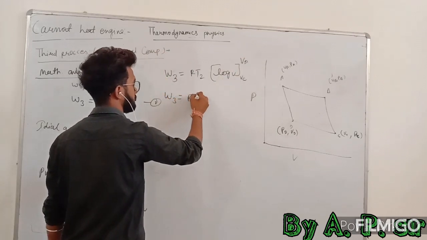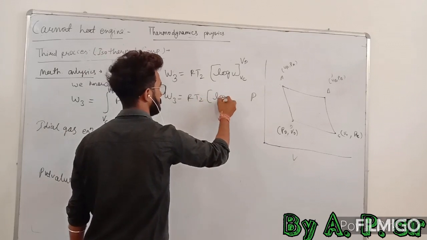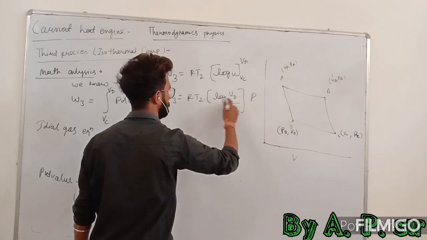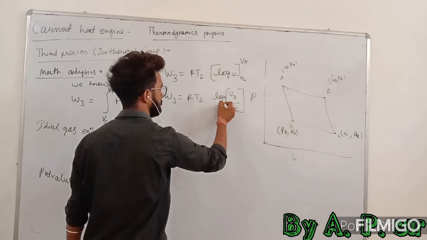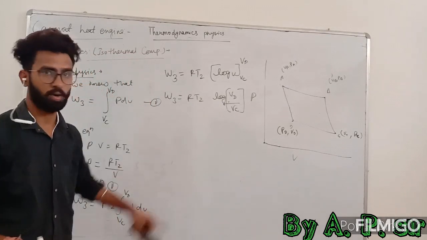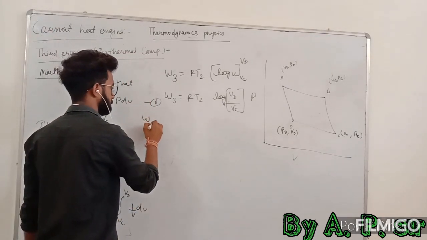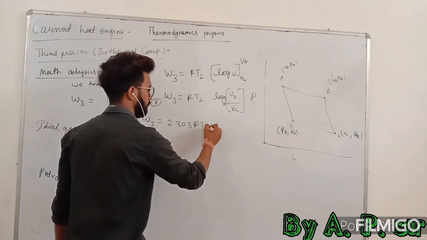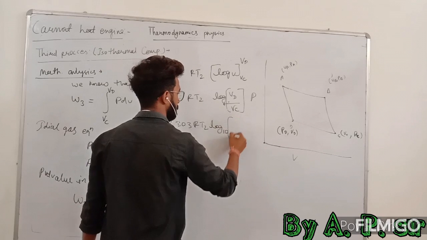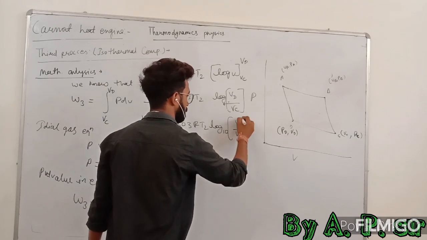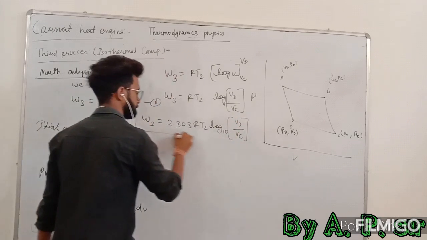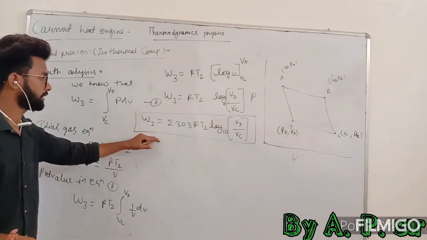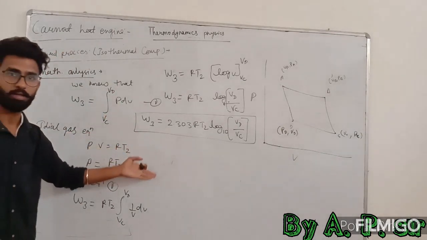W3 is equal to RT2 log VD upon VC. Changing from log base e to log base 10, it is 2.303 RT2 log10 VD upon VC. This is the work third of the Carnot engine.